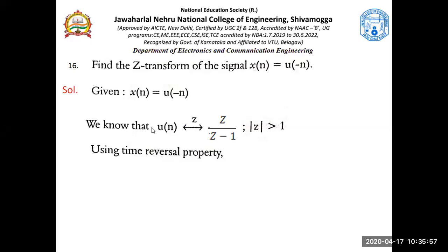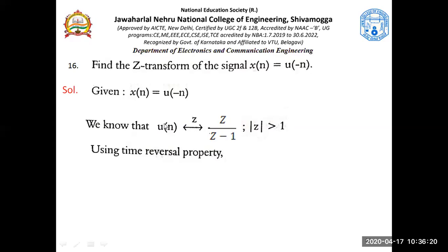If you apply the Z transform on this, you'll get this, and this is the region of convergence. Putting this semicolon, if something is written after it, it means it is the region of convergence. Uday Kumar does not particularly say this is the region of convergence. It is understood, it is standard notation. Even if you don't write ROC, it's understood that this is the region of convergence.